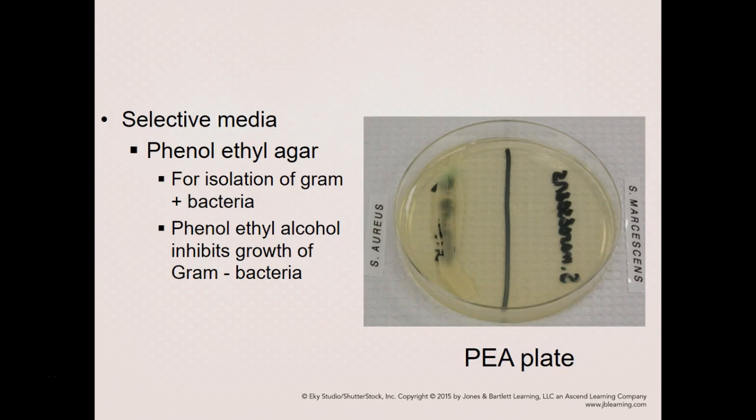I want to make this very clear: if you are trying to isolate one type of bacterial species, that doesn't mean the other bacteria will not grow at all. If it inhibits growth, that means it's going to slow the growth down. It doesn't kill off the bacteria, so the bacteria may still grow, but they're going to grow at a much slower rate.